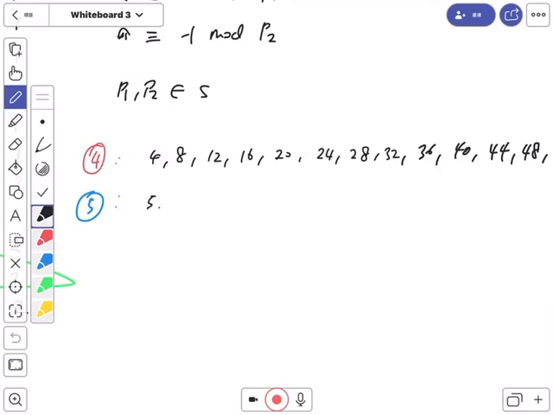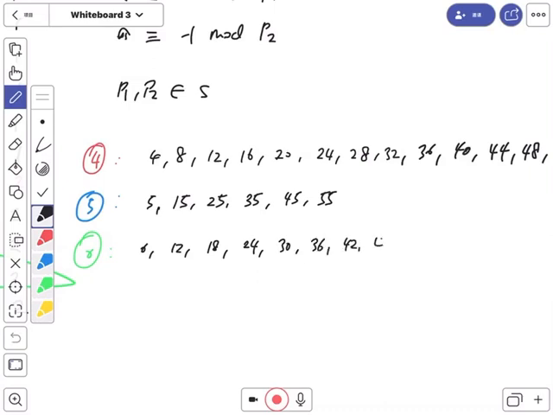So we just want to list out the odd multiples of 5, and the multiples of 6. Okay, so we're done listing.